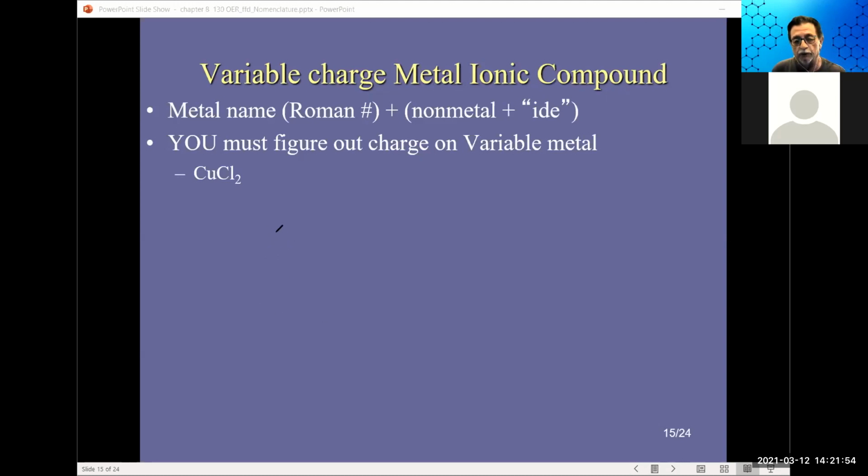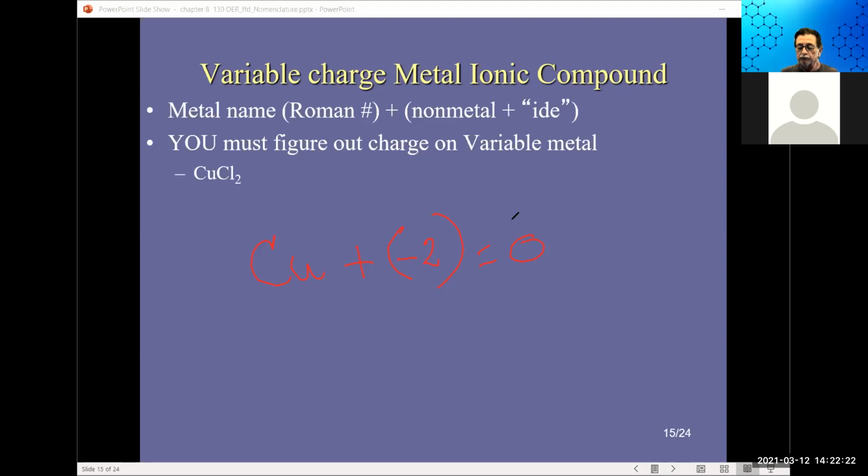So since we don't know what the charge is for the copper, we got Cu. So Cu oxidation number plus the oxidation number of the chlorides. We know that each one has a -1. Why do we know that? It's in group 7, so -1, and there's 2 of them. So we have a total of -2 for the 2 chlorides.